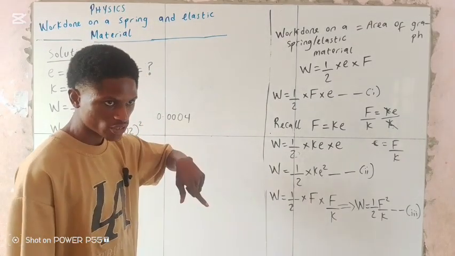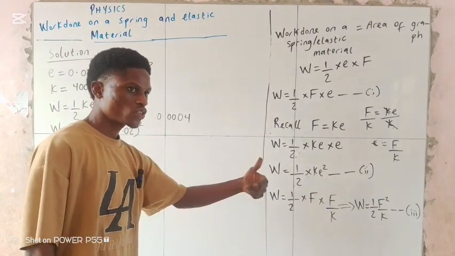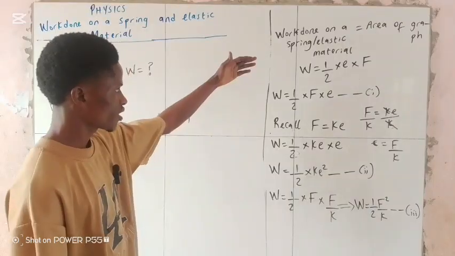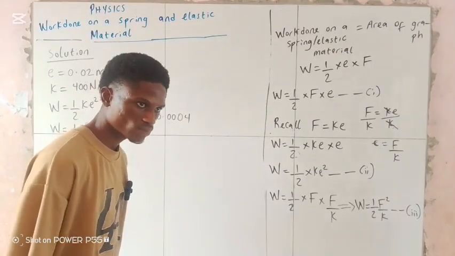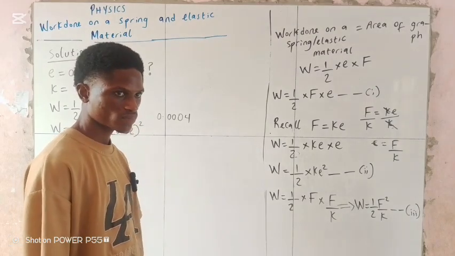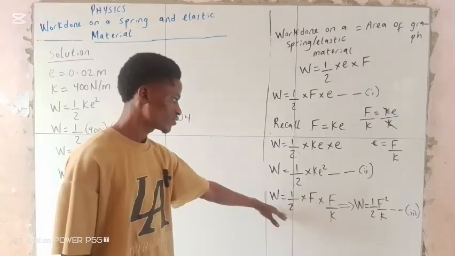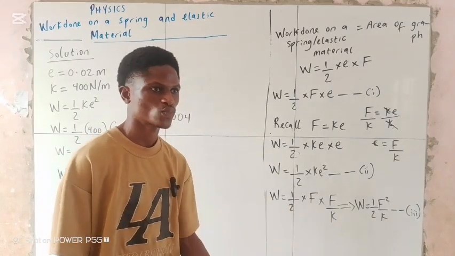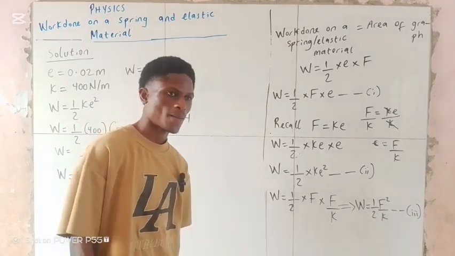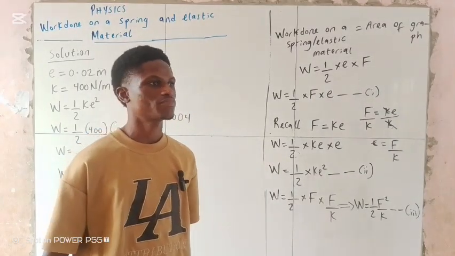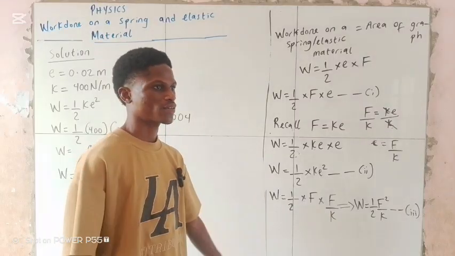Force is in Newton and force constant is in Newton per meter, so it's two different things. So what's the best formula to make use of here? Third one. Alright, so solve the question and give me your answer. That'll be all under work done on a spring.